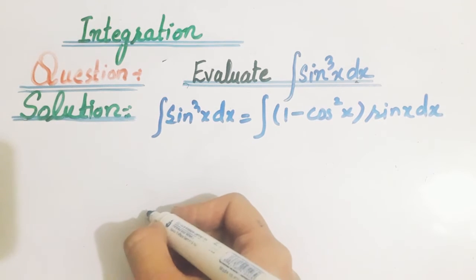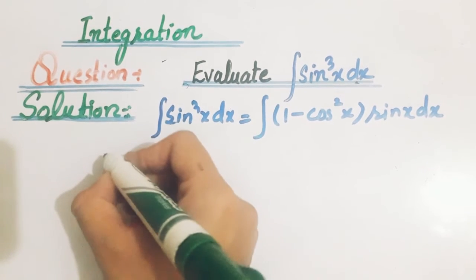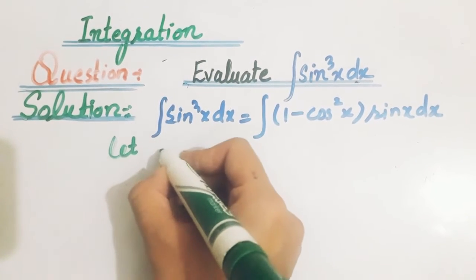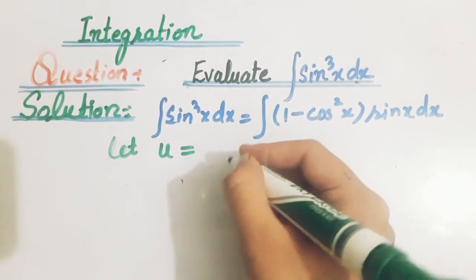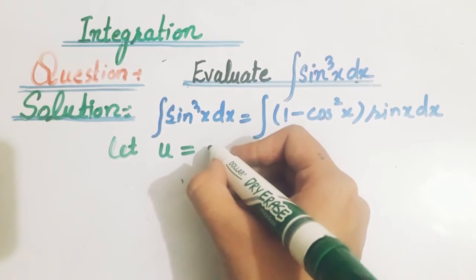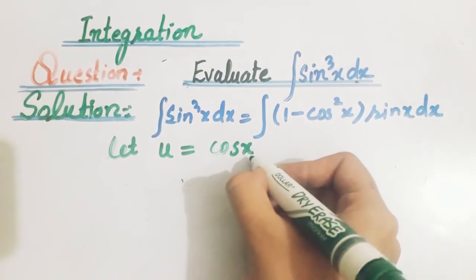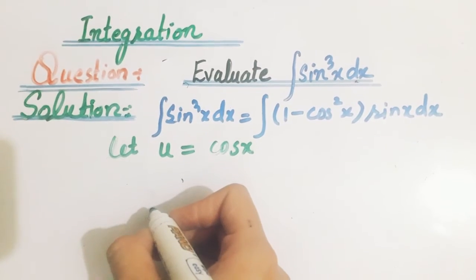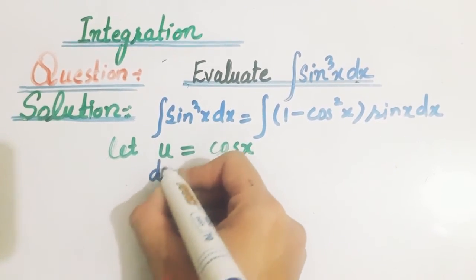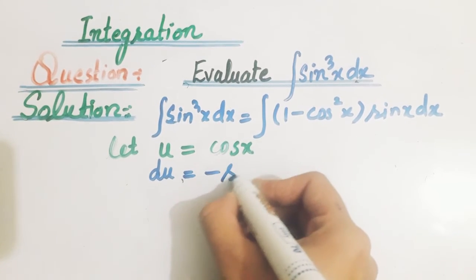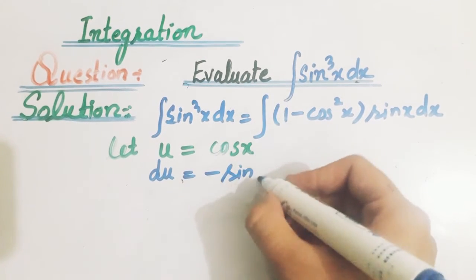So let us consider u equal to cos x. Let u equal cos x, then du will be equal to minus sin x dx. We will differentiate this.